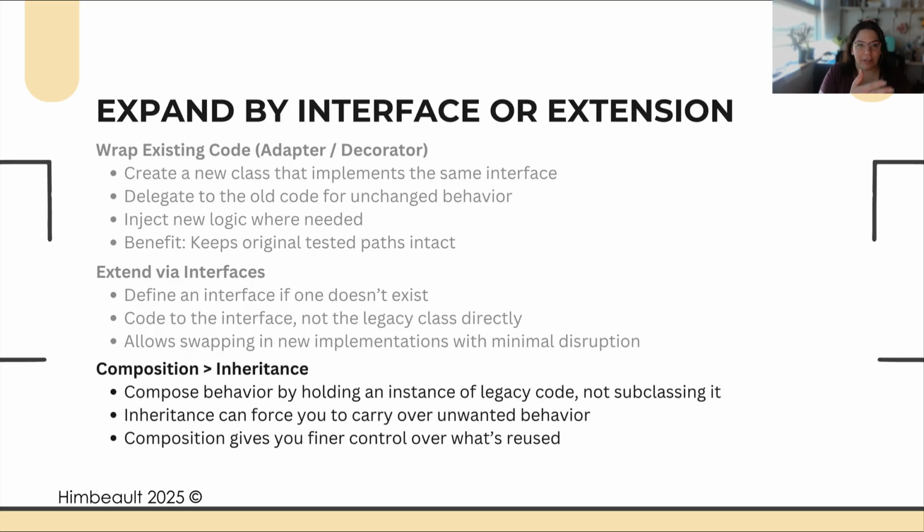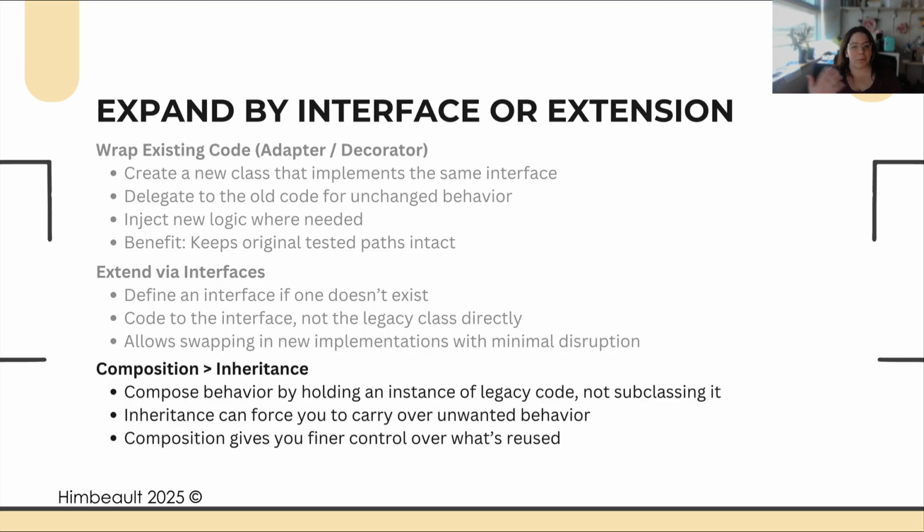And like I previously mentioned, we are going to try to favor this idea of composition over inheritance, right? We want to make these new classes that are composed of these old pieces and then our new functionality, rather than trying to create some kind of extension inheritance situation.